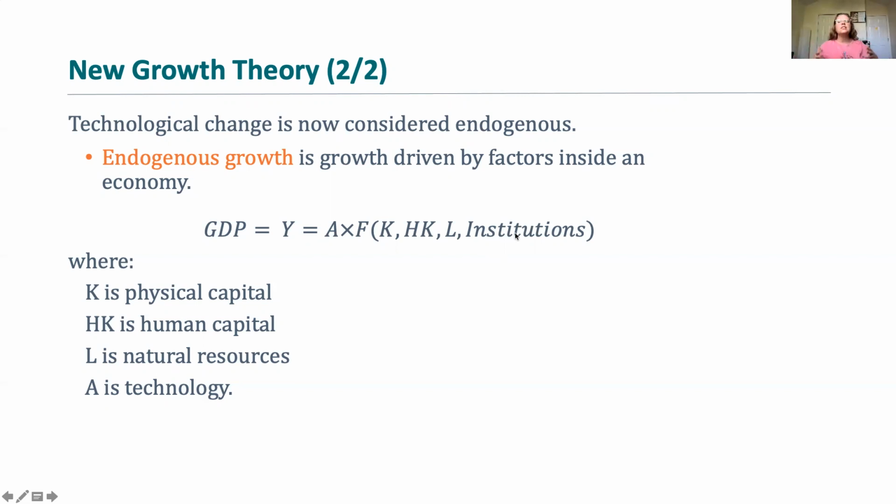How do institutions set up an environment that protects private property and provides incentives for innovation, and has a stable political environment and rule of law and promotes competitive markets, right? Those are all institutional things that happen from inside of an economy. And so they become part of the growth function.